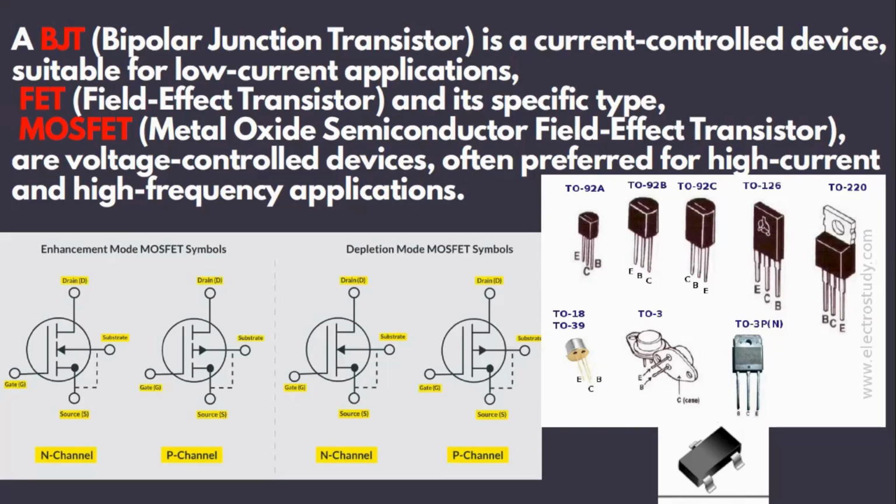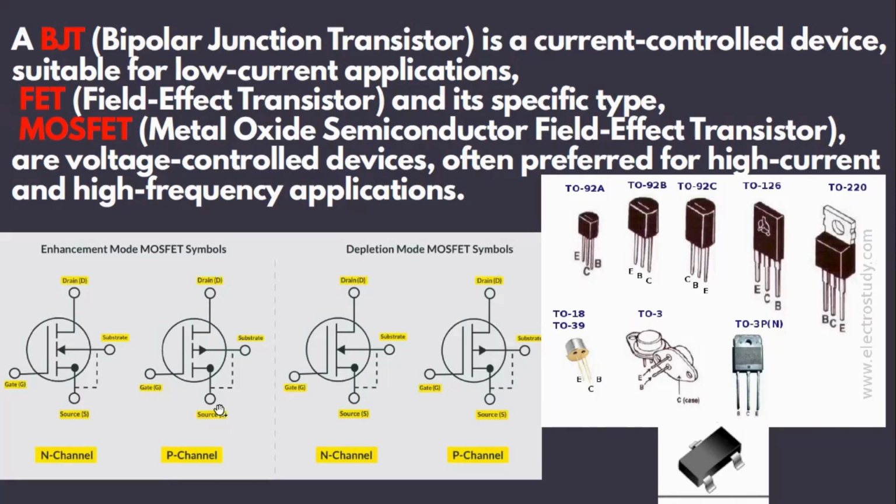So when current is high and frequency is also high, we will use MOSFETs. Just see at the bottom: N-channel MOSFET and P-channel MOSFET. The symbols are very, very important. Please remember, in a transistor we have emitter, base, and collector.